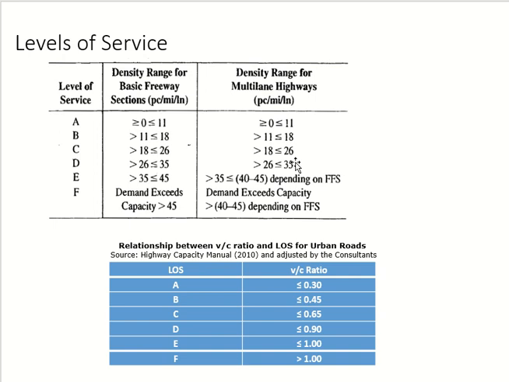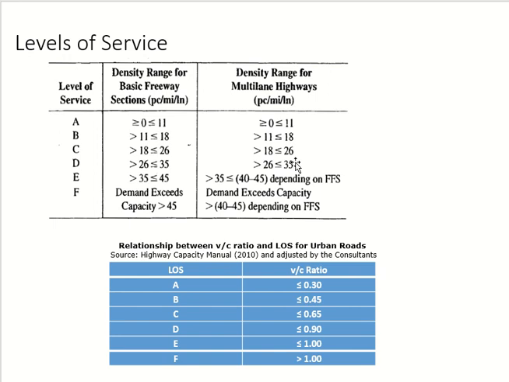Because of the gradient, I had low flow in the downward side. The downward direction had lower flow and more speed, but it did not have a large impact on the traffic conditions.